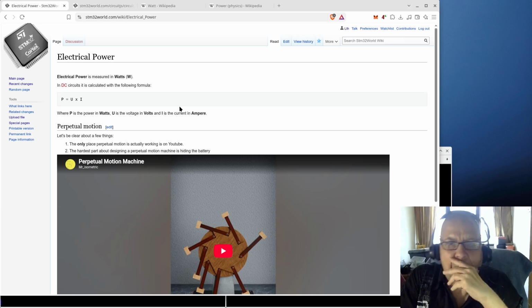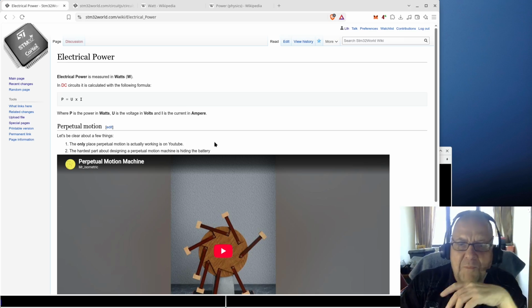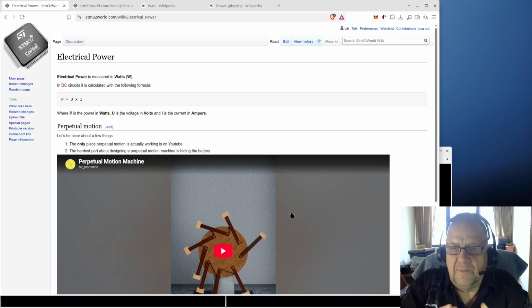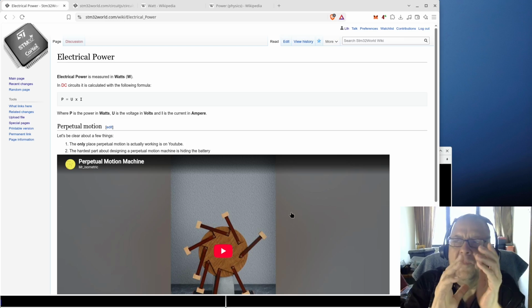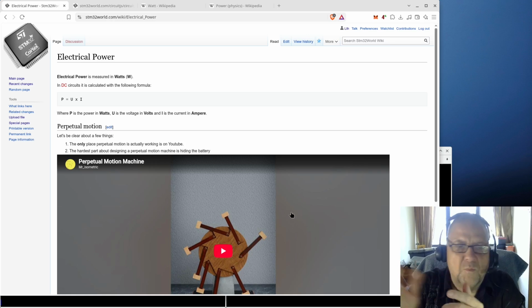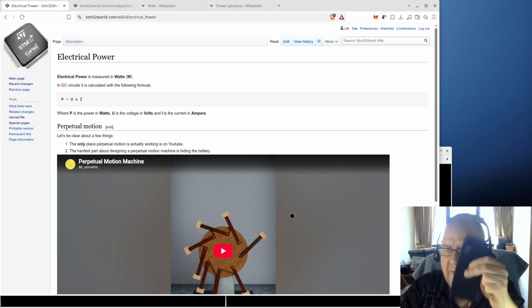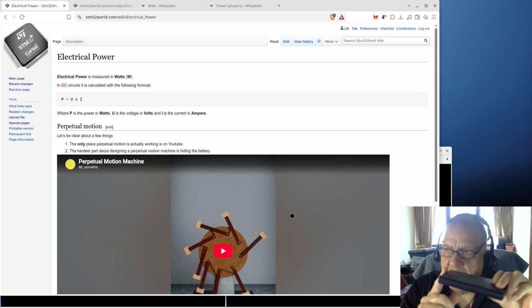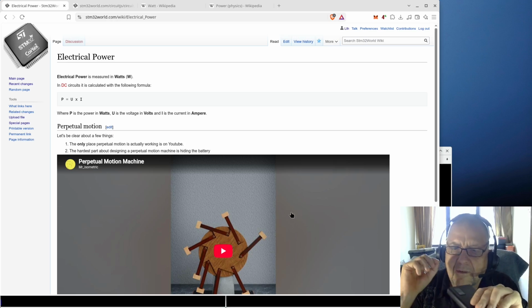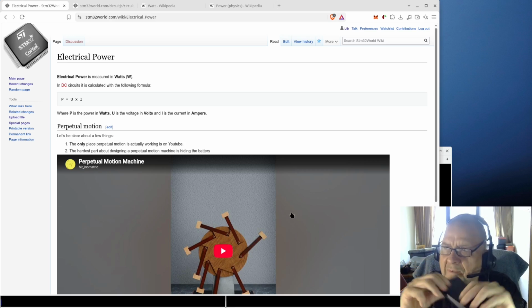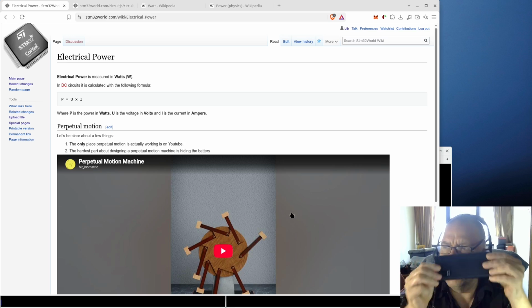Now, it is also important, and now we get back to the perpetual motion machine, that in an isolated system, the amount of power is constant. We cannot create power. We cannot use power. We can convert one energy form to another. If we look at a standard battery, I have a battery pack here. What is happening inside this battery pack is that energy has been converted inside this to chemical energy.